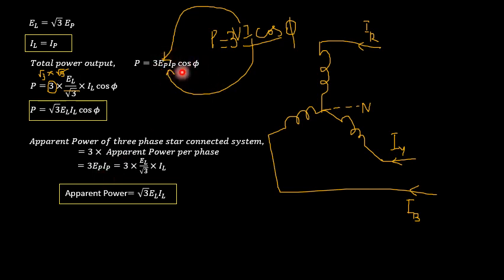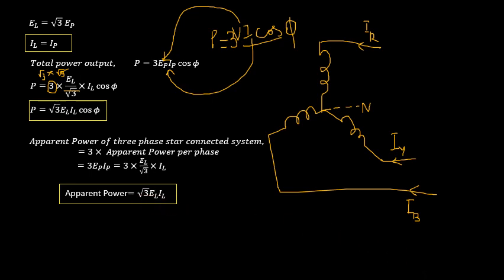EP is nothing but EL divided by root 3, and IP is equal to IL itself. If I substitute 3 as root 3 multiplied by root 3, one of the root 3 terms gets cancelled out, and we remain with the expression for the apparent power of a three-phase star connected system, that is root 3 times EL IL.